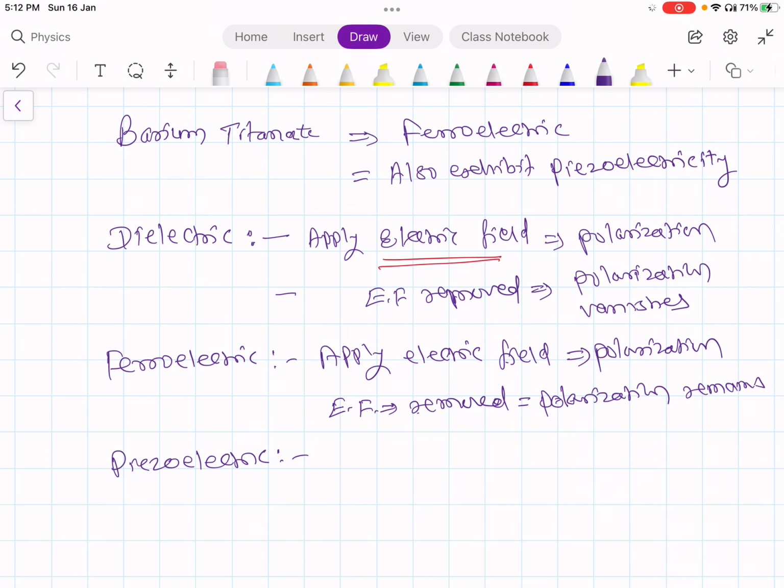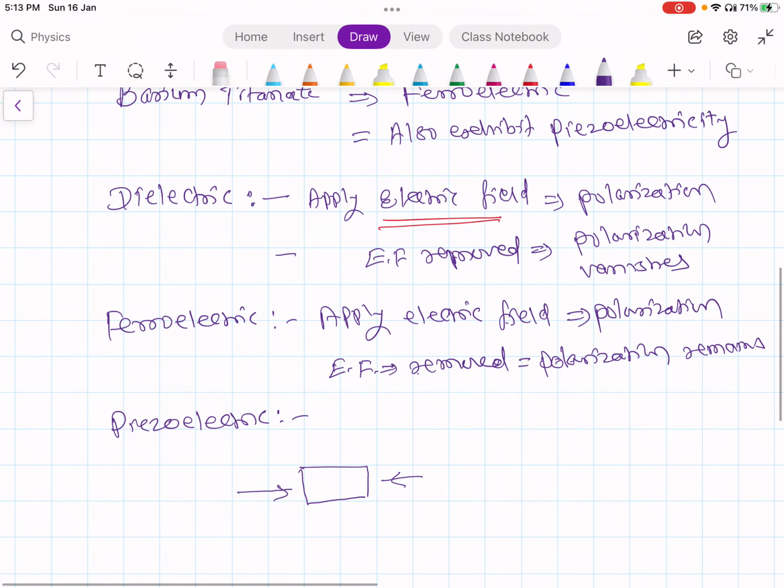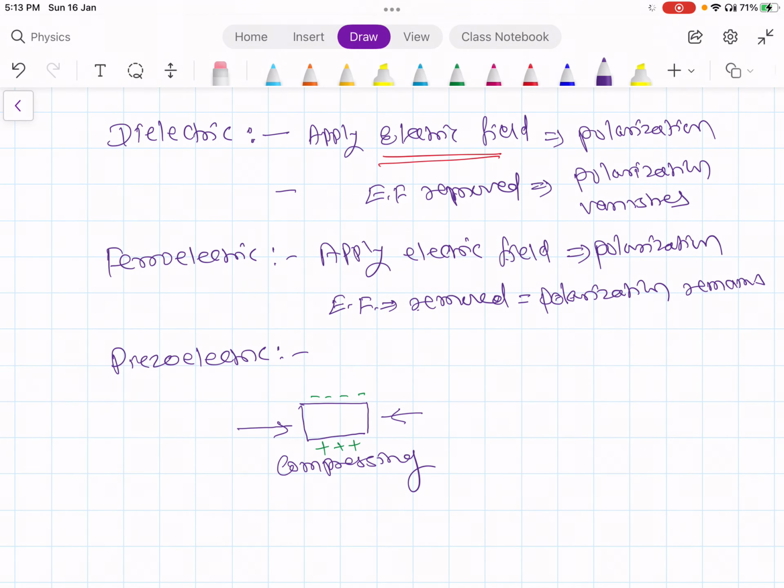If you take a piece of piezoelectric material and apply pressure along the mechanical axis, let's say these two are the mechanical axis and we are applying the pressure, that is, we are compressing it, then it is observed that charges are developed on the opposite surfaces. Let's say negative charge develops on the top surface and positive charge develops on the bottom surface. This is the case when we compress it.